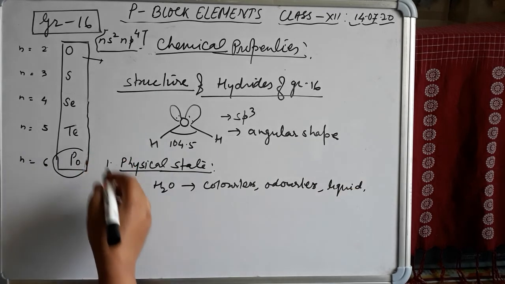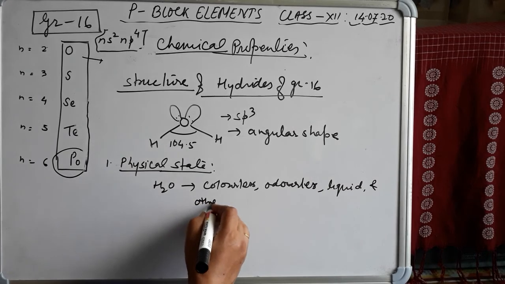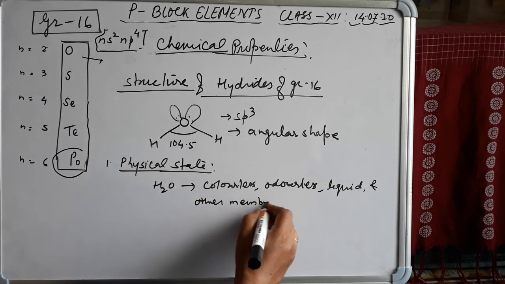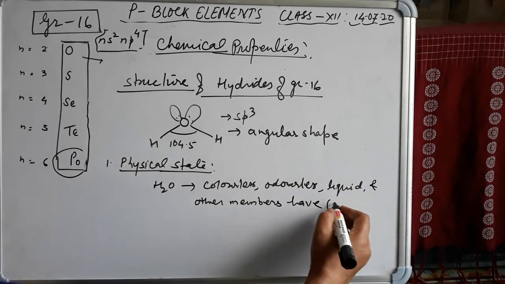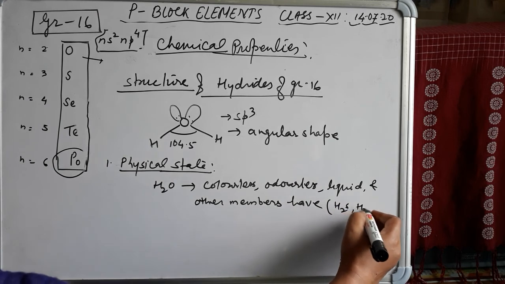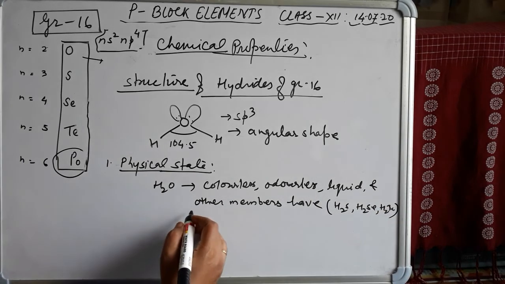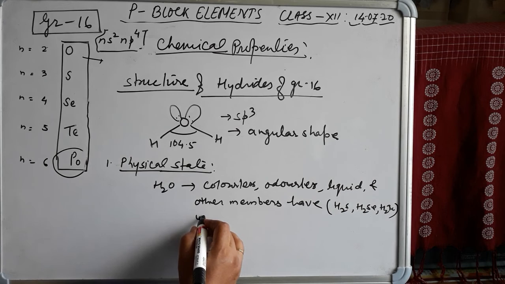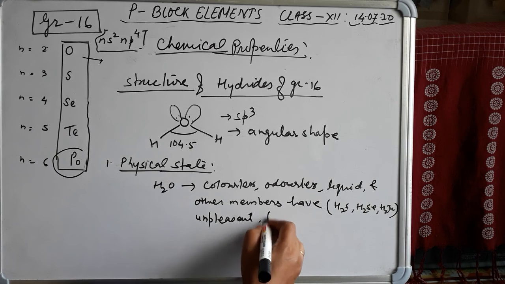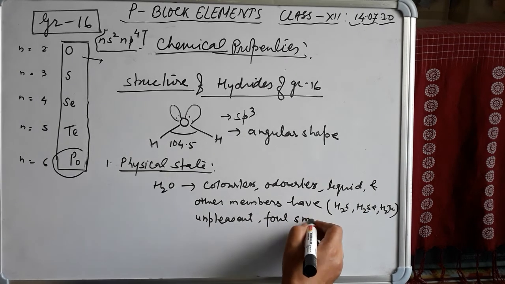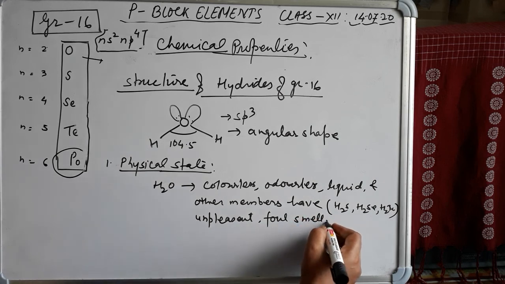The other members, H2S, H2Se and H2Te, have an unpleasant, foul smell, and they are poisonous gases.